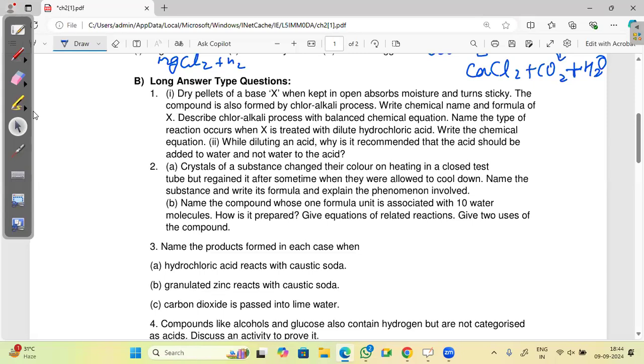Sodium chloride plus water. No. See, there were four things which you used for their preparation. Recall the four things.